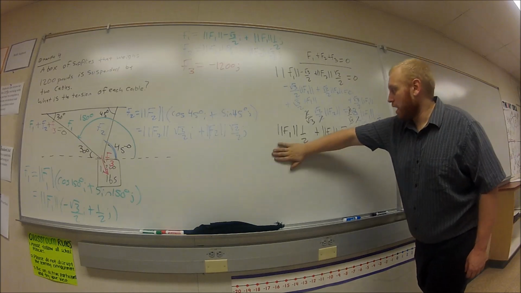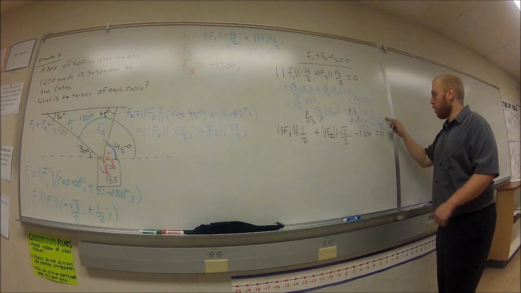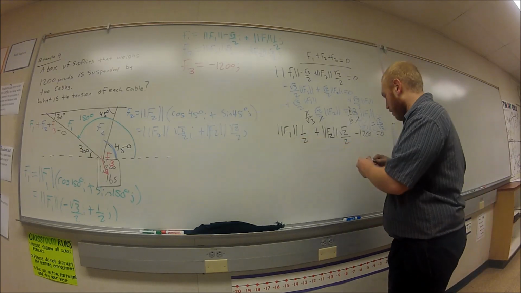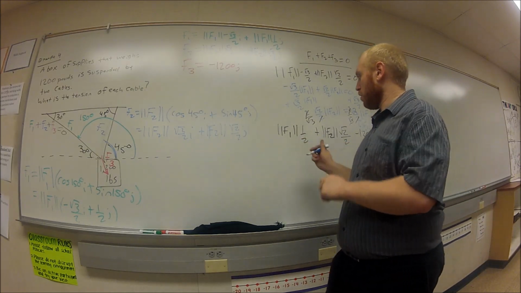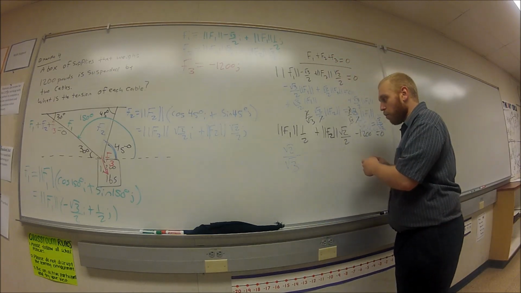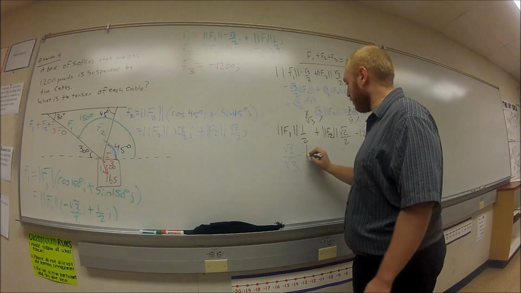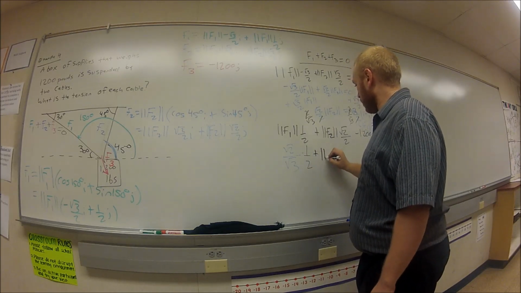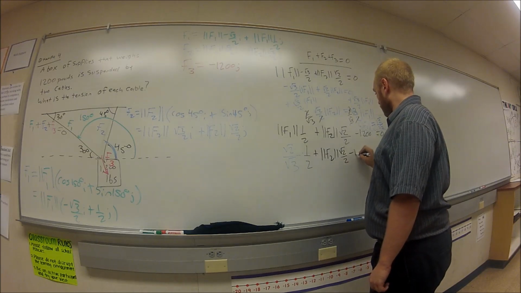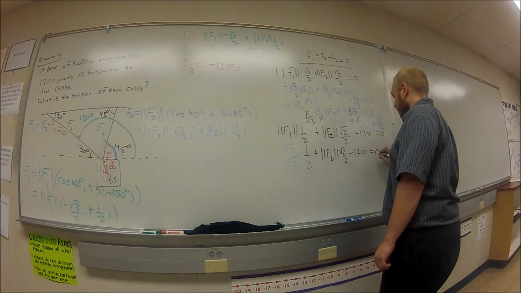Let's plug in F1 down here. We know the magnitude of F1 is root 2 over root 3, so I'm going to replace that there. Square root of 2 over the square root of 3, because that is F1, times 1 half, plus the magnitude of force 2 times the square root of 2 over 2, minus 1200 equals 0.